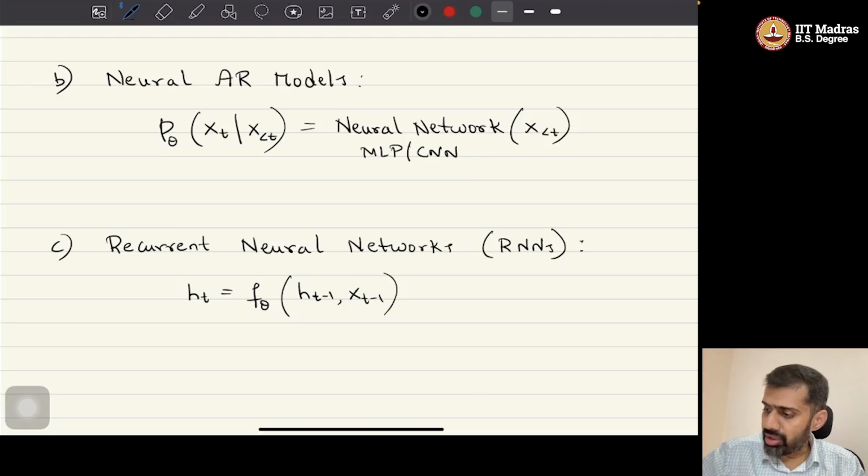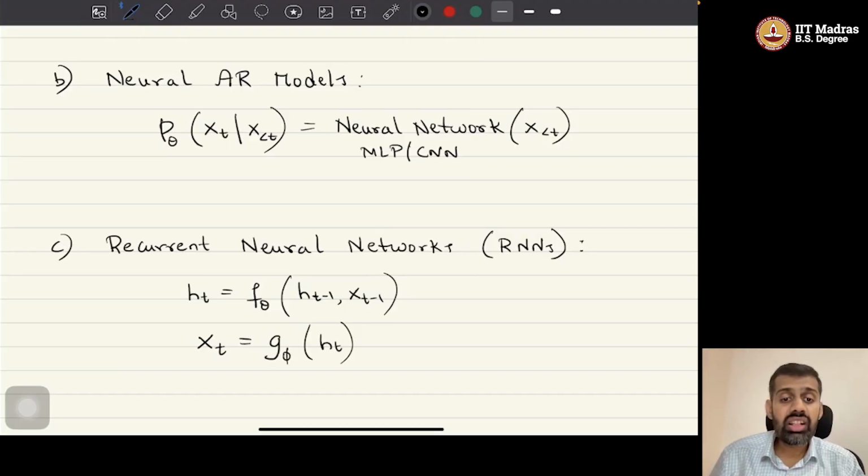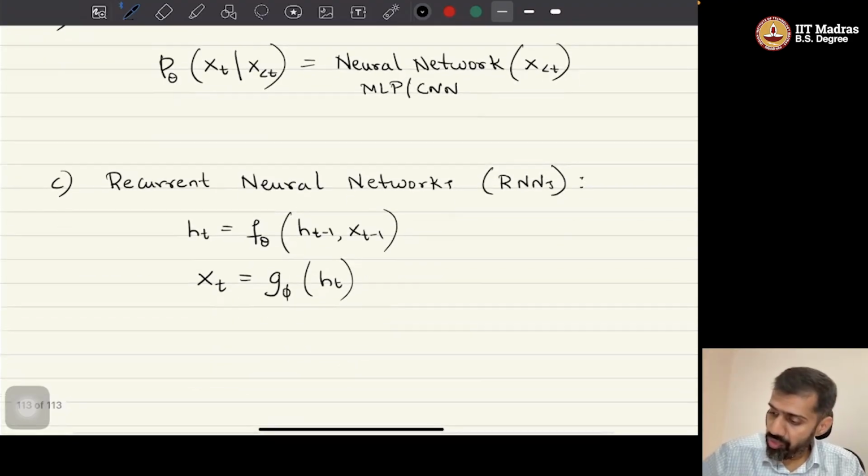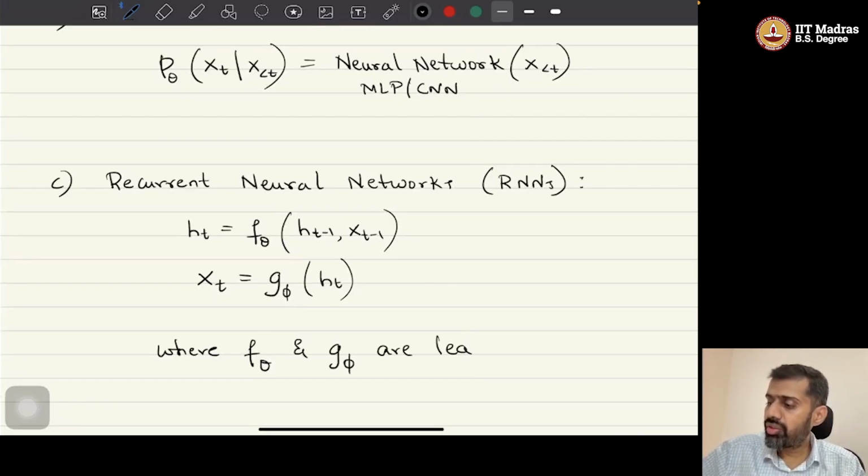This is parameterized by theta, and the next data point xt is predicted as some other function g phi of ht, the t-th hidden state, and sometimes xt minus 1. So this is the general form, where f theta and g phi are learnable nonlinear functions.